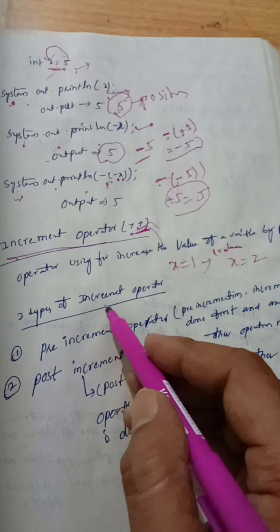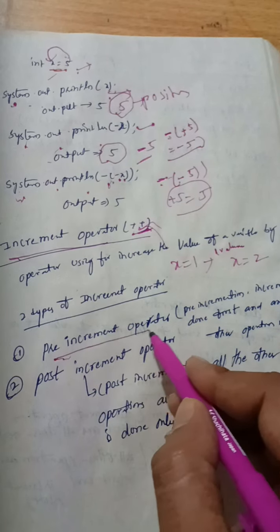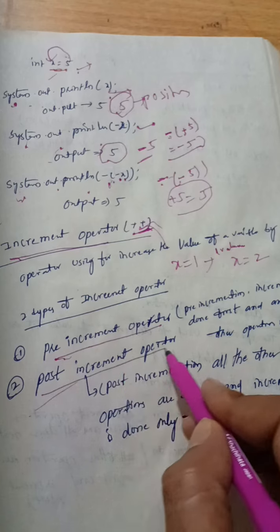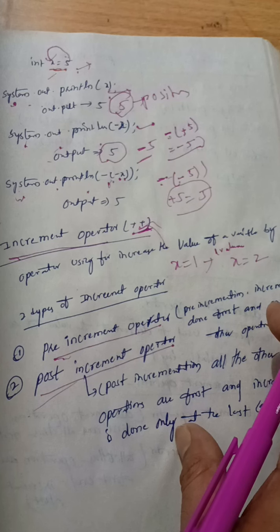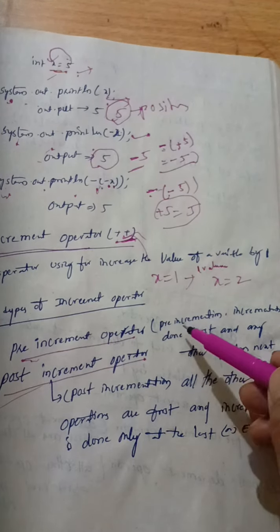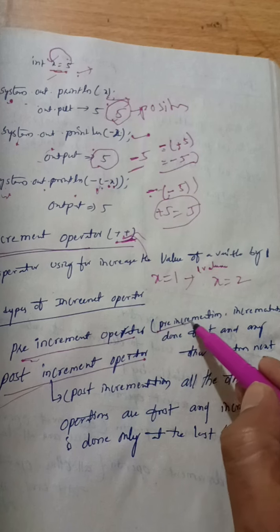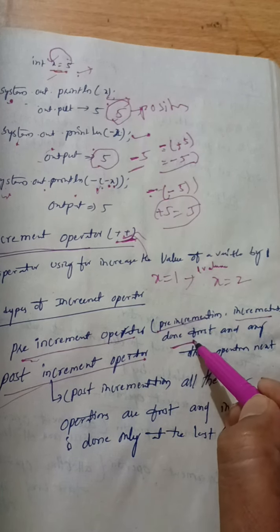These are the two types of increment operators: the pre-increment operator and the post-increment operator. What is the difference between them? We will discuss it now. First, pre-increment. Pre-increment means the incrementation is done first.